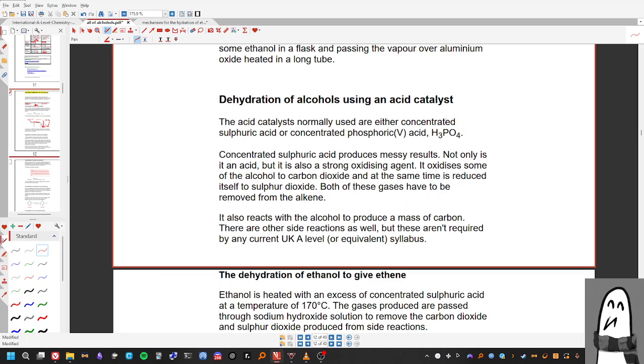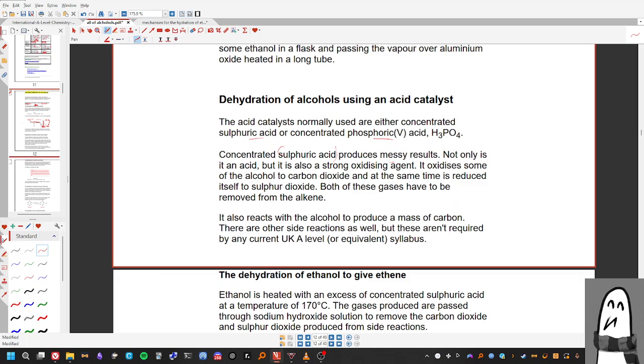So here we go again. We have your two catalysts, right? But using sulfuric acid as a catalyst produces messy results. There are going to be several reasons why. First of all, it's an acid and a strong oxidizing agent. Now, I'm not very good at my redox. However, to know that it oxidizes some of the alcohol, right?